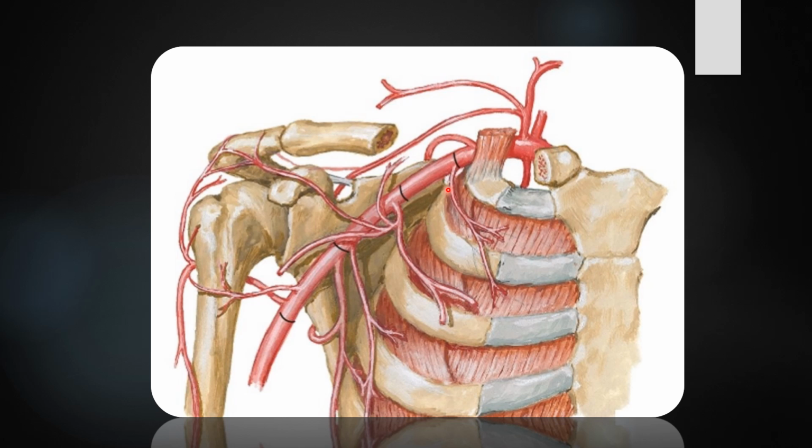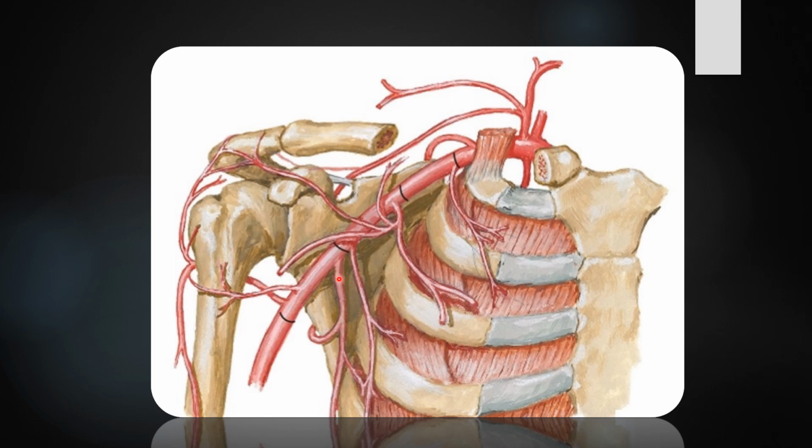From the first part, it gives only one branch, that is the superior thoracic artery. From the second part, it gives two arteries: one is the thoracoacromial artery and the other is the lateral thoracic artery. From the third part, it gives three branches.